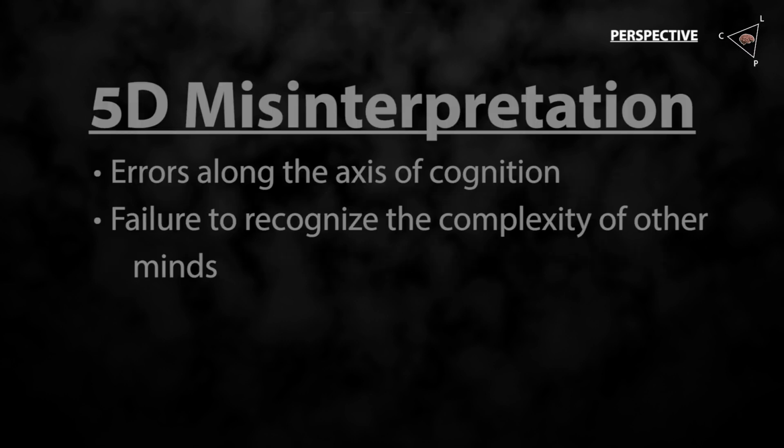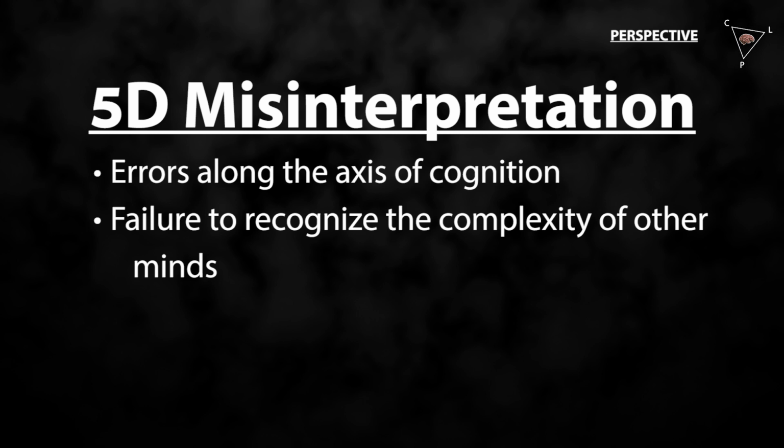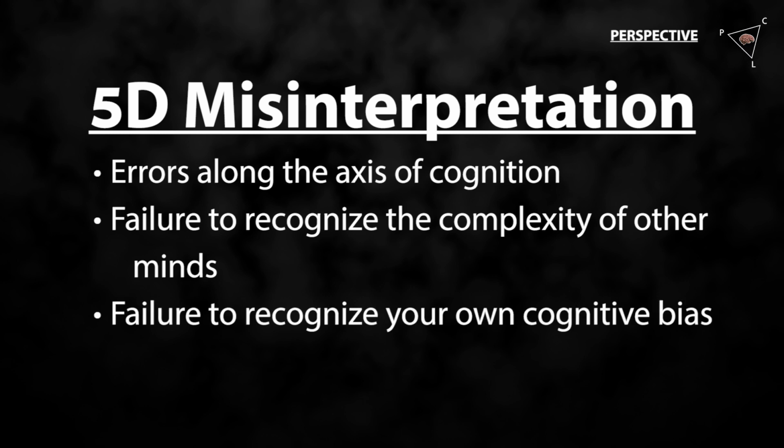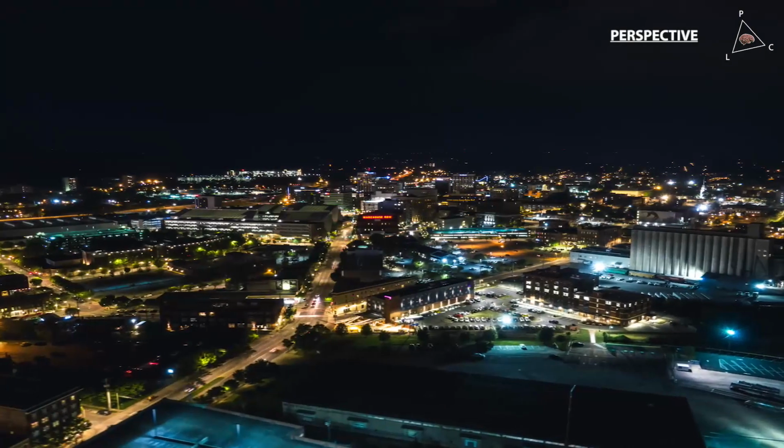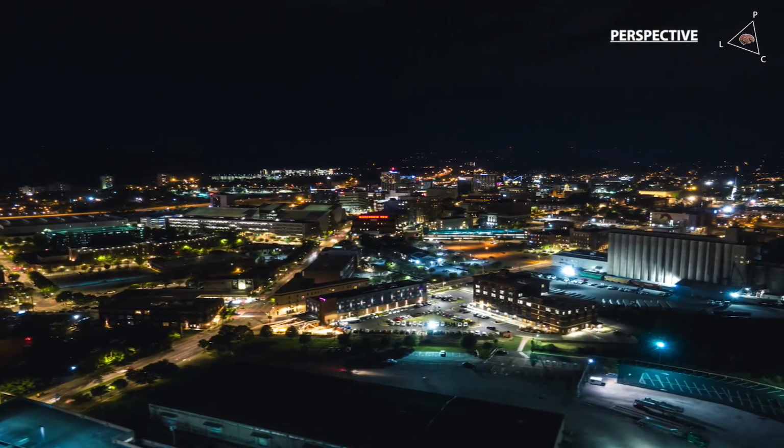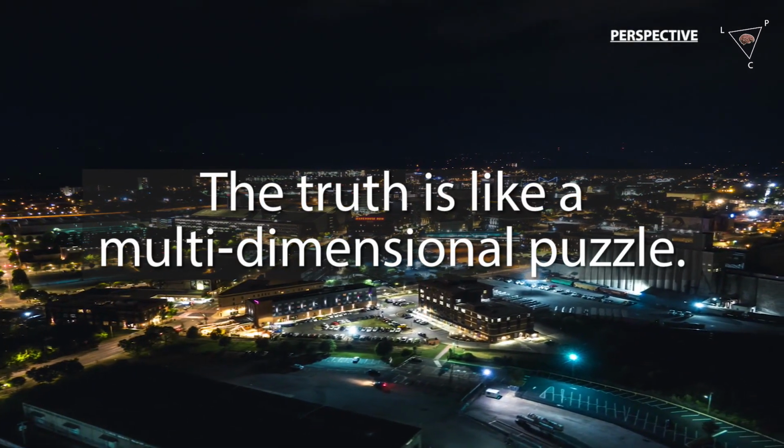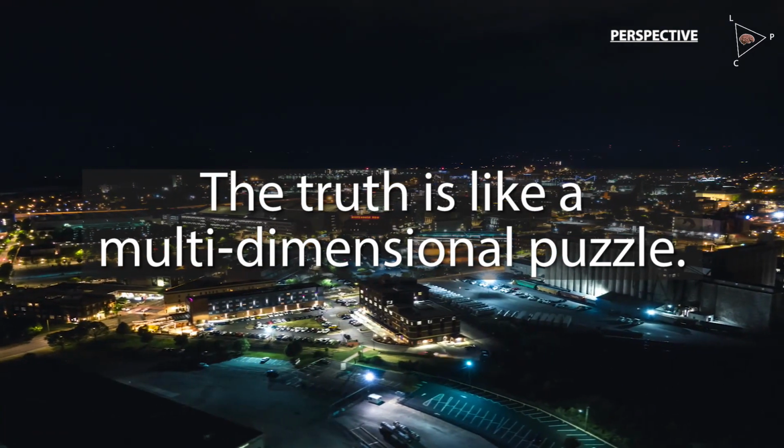A strong understanding of cognition and the mind in general is needed to interpret the thoughts, feelings, and behaviors of other people. Last but not least is the failure to recognize your own cognitive bias. Combine all of these things together and you may recognize how trying to figure out the truth is like trying to solve a multi-dimensional puzzle.